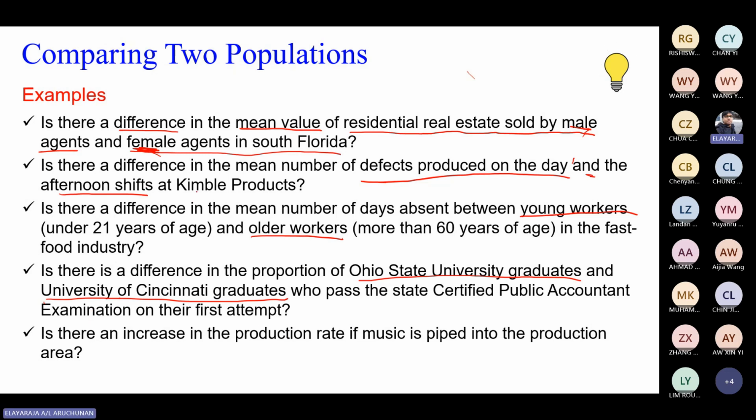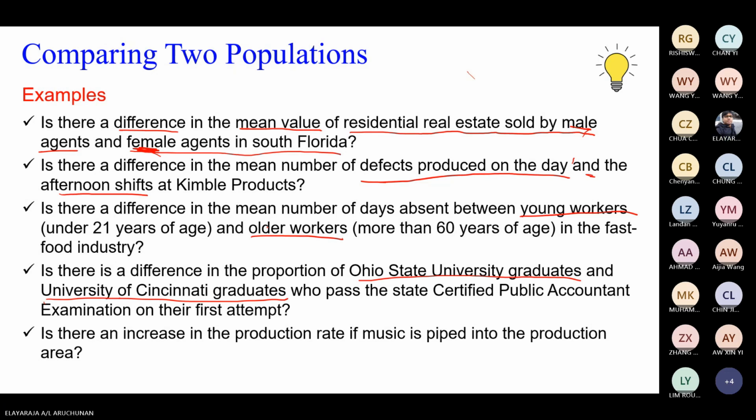Okay, so we need to collect the data for those who passed the CPA examination on their first attempt. The data comes from Ohio State University and the University of Cincinnati. So there are two different sets of data.